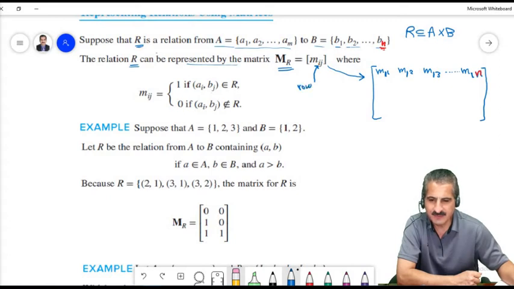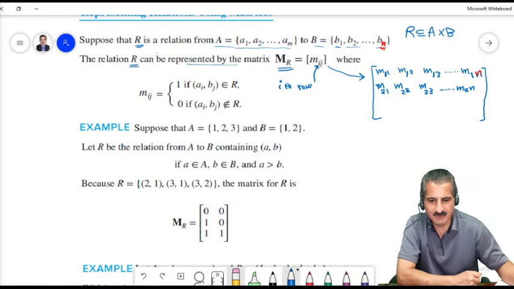So this is the ith row. Now, the second row is m21, m22, m23, all the way till we reach m2n. So we have n columns, okay? And we keep doing so.